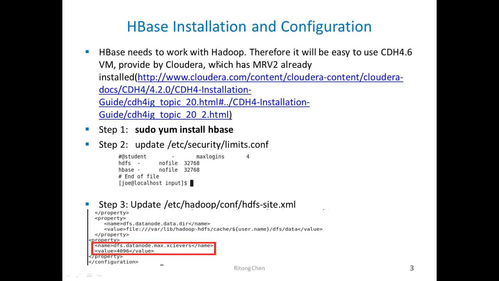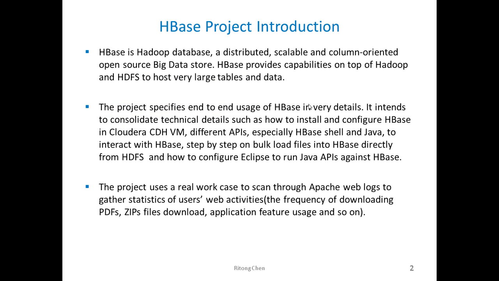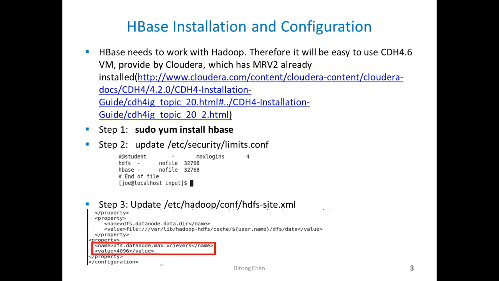use the Cloudera VM, because it already has Hadoop installed, and you can follow this URL for the step-by-step instructions on how to install HBase on top of the CDH 4.6 VM.